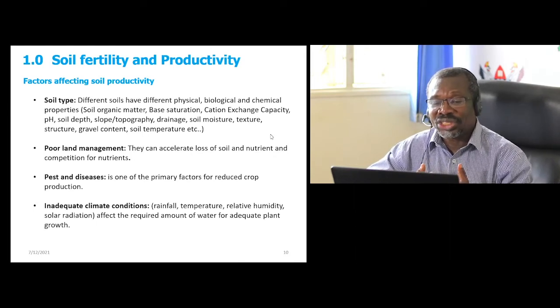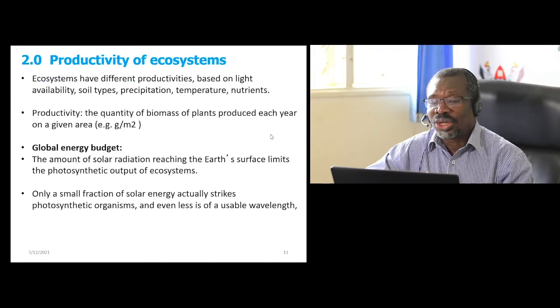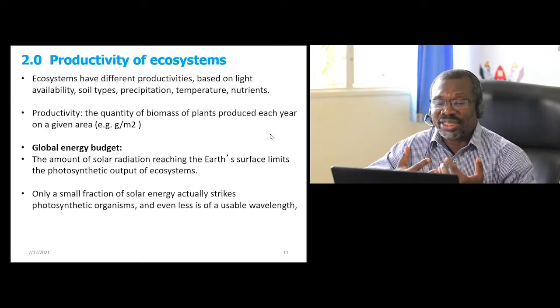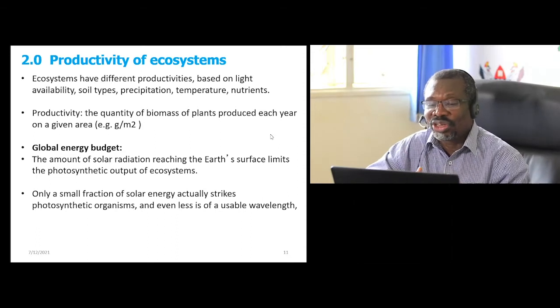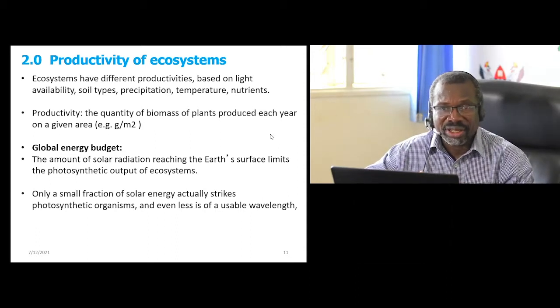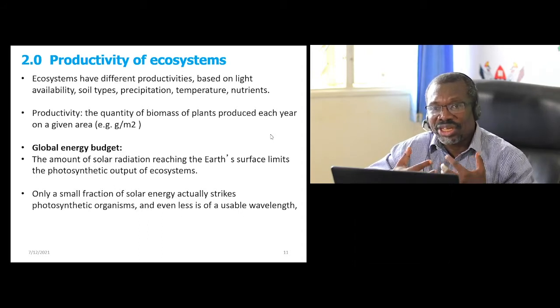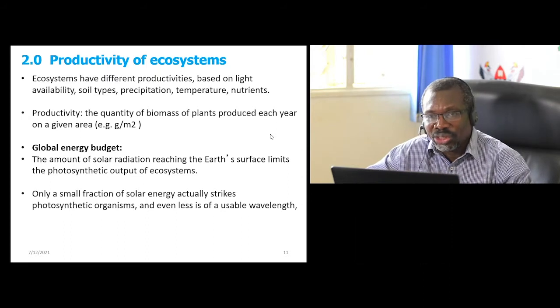But at ecosystem level, we need to look at productivity with a different eye. And in this case, one of the indicators of productivity is what is above the ground.